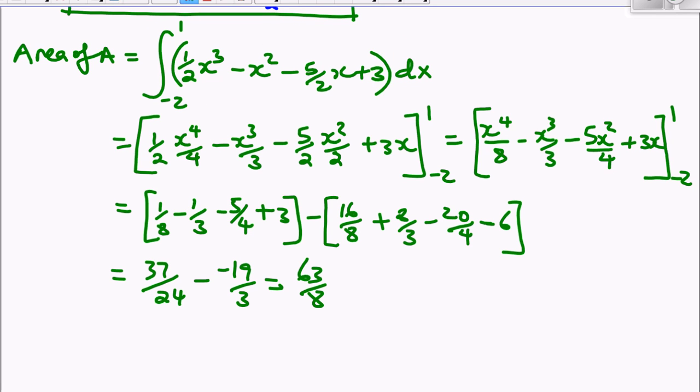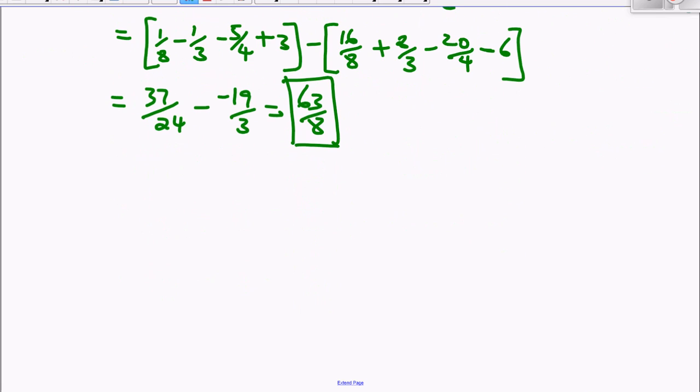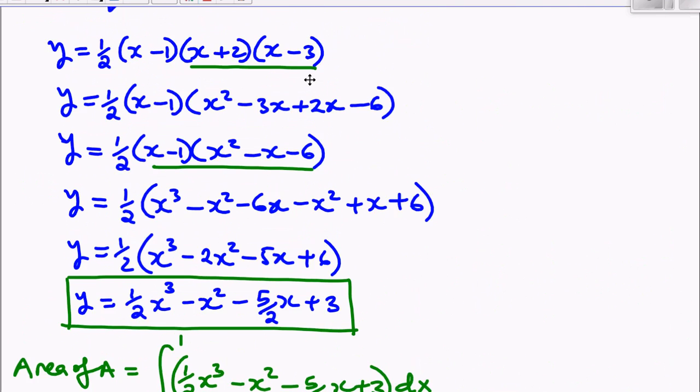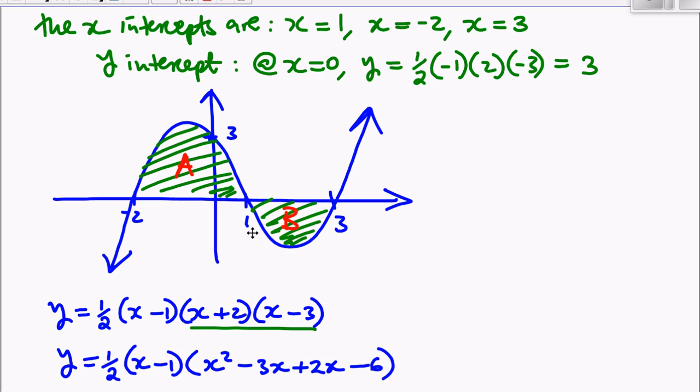So that's the area of A. I can go ahead and work out the area of B. Now, in part B, from the graph, you can see that part B will have a negative area.